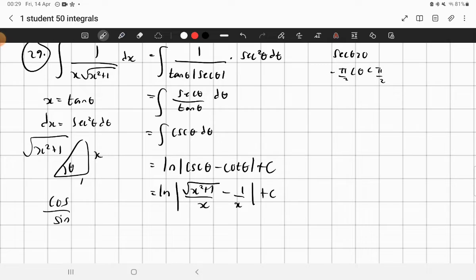Why do we always have a different answer, huh? Tangent theta. Okay. Let me recheck one by one. So tangent squared theta plus 1 will be secant squared theta, and yeah, set my boundaries.